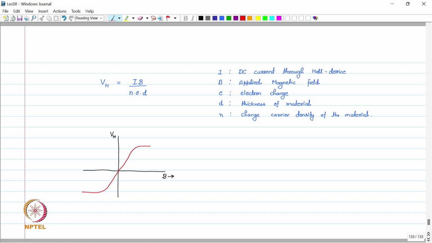If we see, the slope of this graph is nothing but the sensitivity. The slope of this graph is the sensitivity.